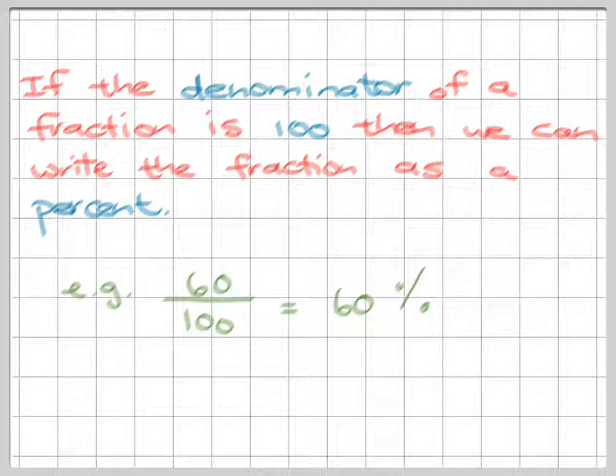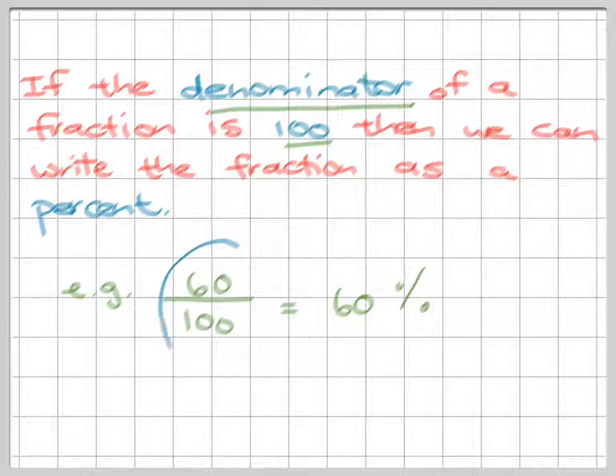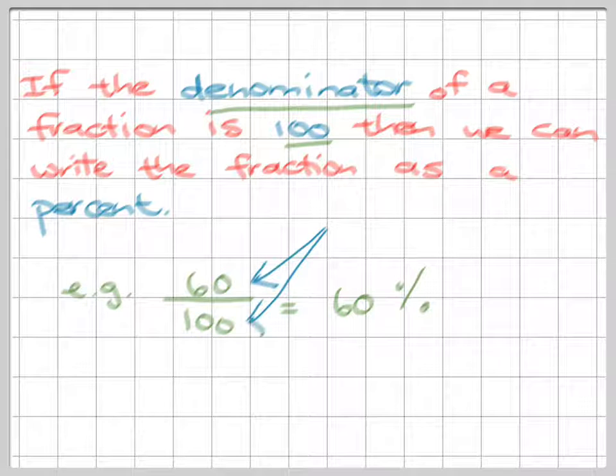Okay, so let's look at converting a fraction to a percent, and we're going to use common factors. So let's first just look at what's written here. If the denominator of a fraction is 100, then we can write the fraction as a percent. Basically, a percent is a ratio of a number over 100.